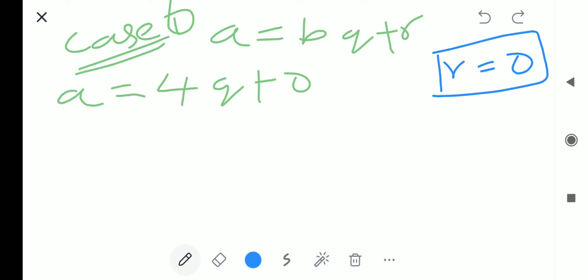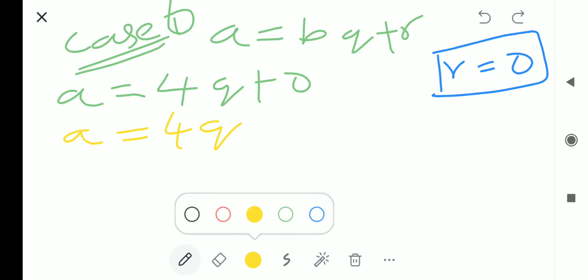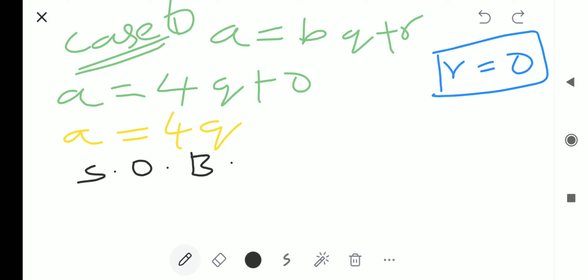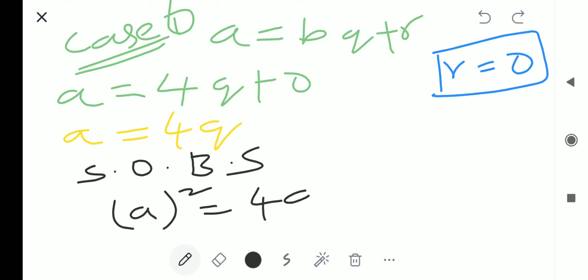I am taking. Then I can write A is equal to 4Q. So as we are asked to show square of any positive integer, that means we have to do squaring on both sides. So I can write it as A whole square is equal to 4Q whole square.